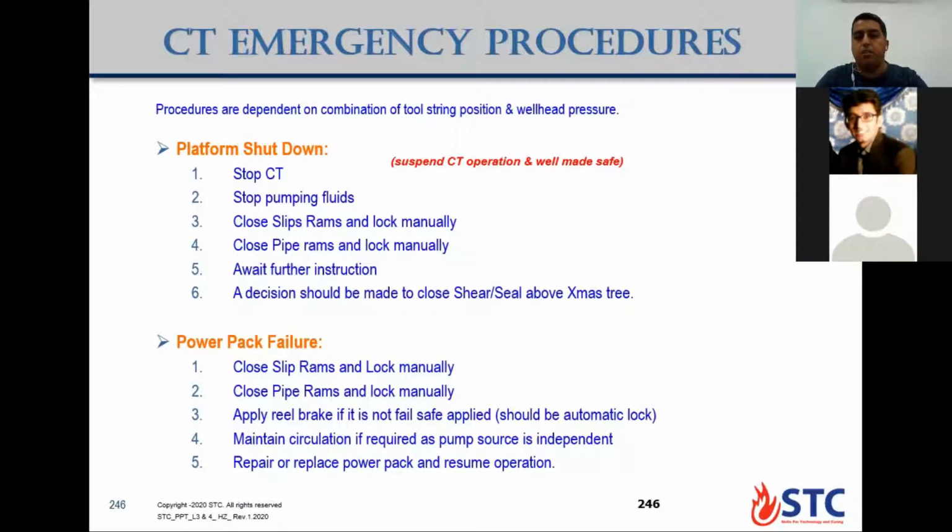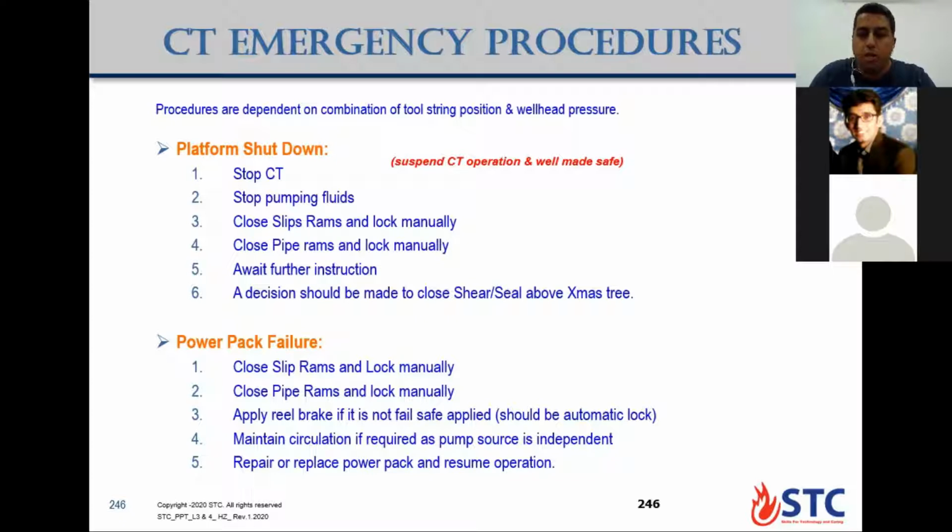Power pack failure, the second situation that can happen: complete power pack failure. That means all the power is shut down except the pump, which is still running, because the source for the pump is separate from the power pack for the coiled tubing operation. First, stop coiled tubing, close the slip and pipe ram and lock manual, and apply the reel brake manually if it is not a fail-safe automatic lock.